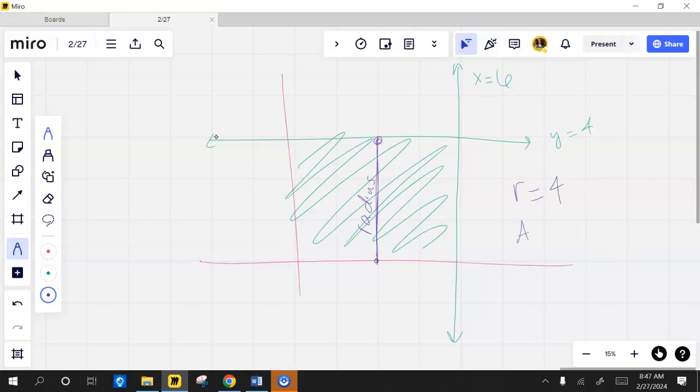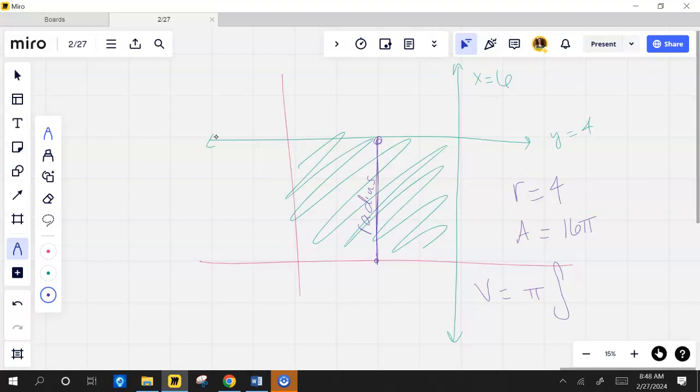So the area is 16 pi. And it said it's rotated about the x-axis. So the volume, I'm going to pull the pi out, and it's going to be the integral from what to what? Am I with respect to x or with respect to y?